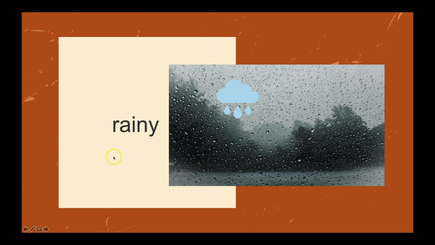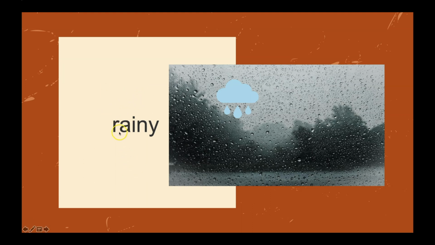R-A-I-N-Y. And I want to say, remember these two letters, A and I, are special. We call them vowels. And if you remember, we have A, E, I, O, U. Vowels.